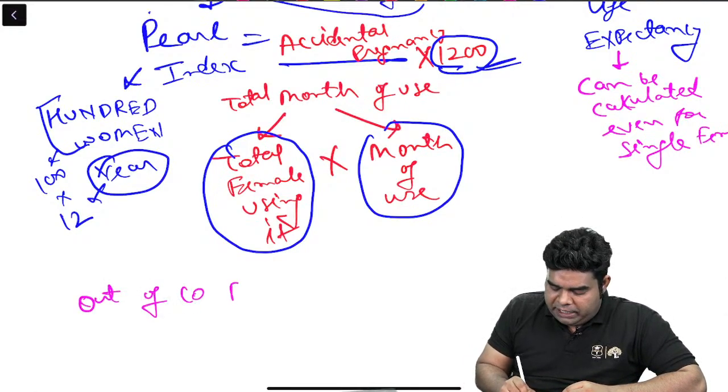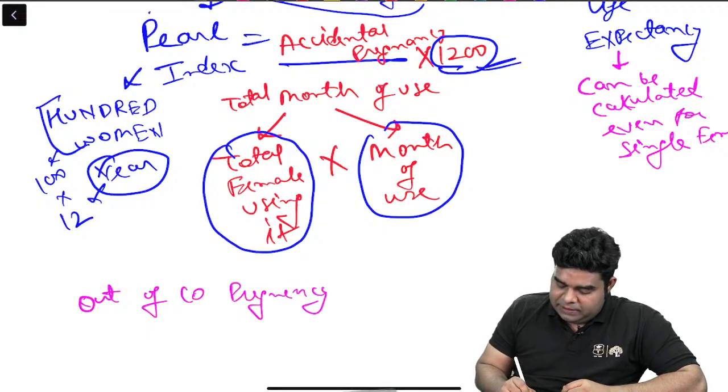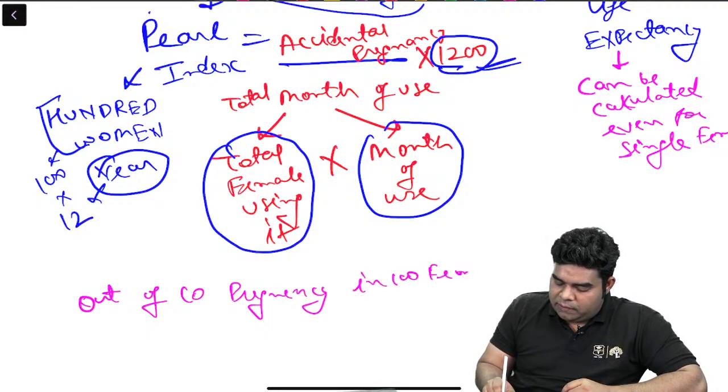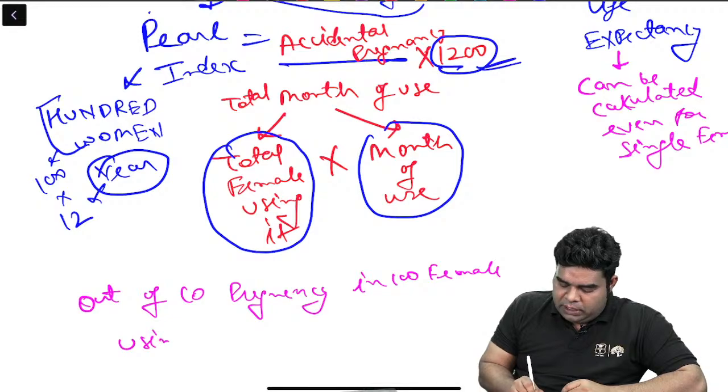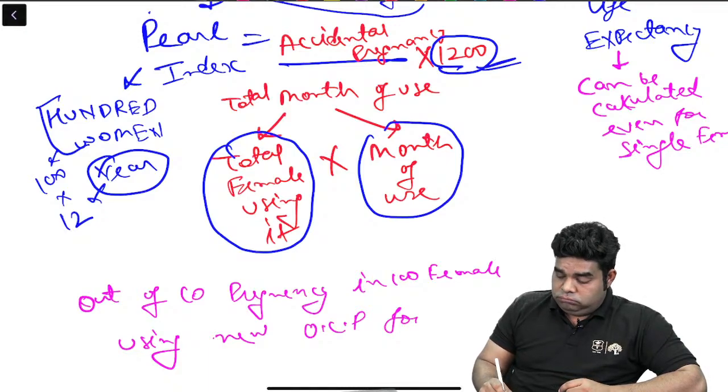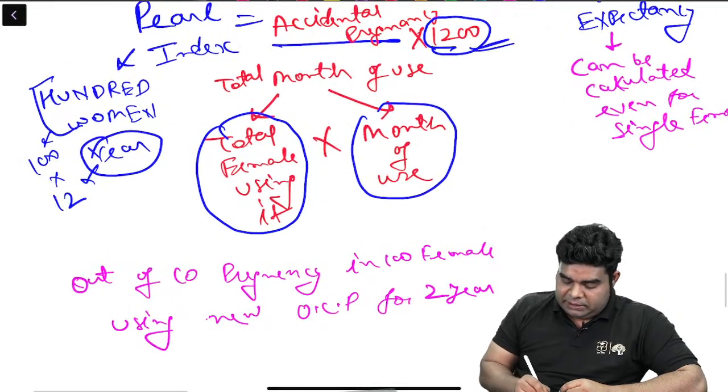Like they have asked this question: 10 accidental, unwanted pregnancies in 100 females using a new OCP for, let's say, 2 years. Find the Pearl index.